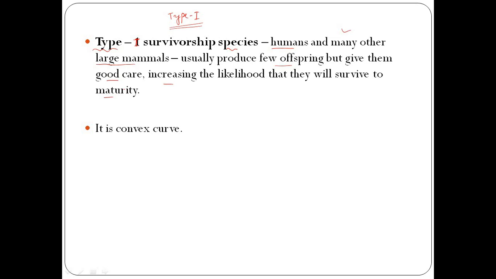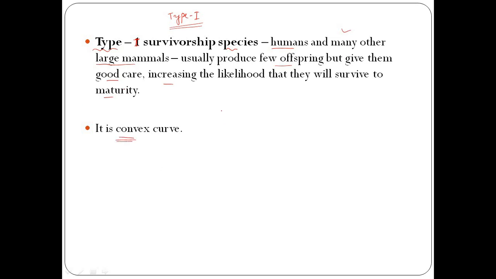The mortality rate is low and the number of offspring is small, so every offspring can get good care from their parents and live to the age of maturity. This type of curve comes under the type 1 survivorship curve, and it is convex in structure.